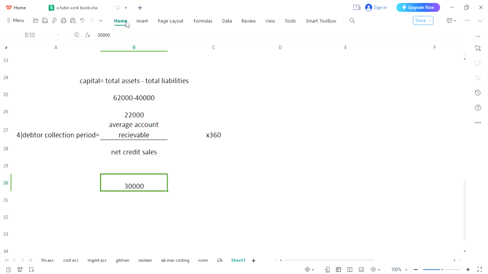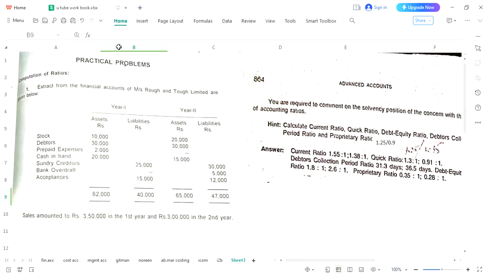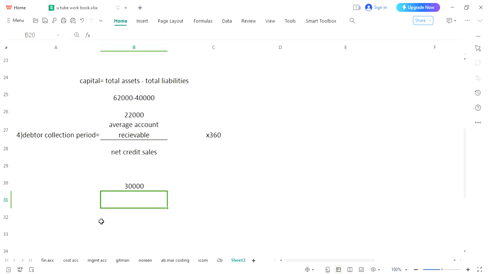And now we need to see where are net credit sales. Let's go back to the question and see, sales amounting to 350 for first year. No returns are mentioned, no cash sales are mentioned. It means we will indirectly understand it that these are net credit sales 350,000.